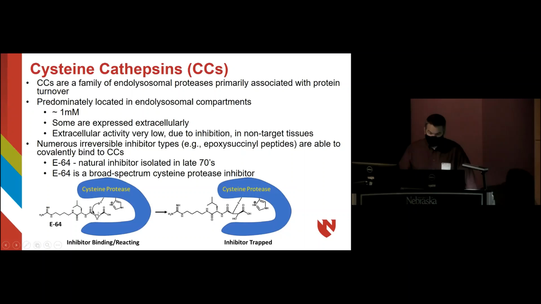And so what happens is this E64 is able to bind to this binding pocket, and then the catalytic cysteine or thiol is able to open up that ring and form a carbon-sulfur bond. And once that happens, that's a permanent bond, and it's not going to become undone, so it's irreversible. So you essentially form what's called an adduct. The inhibitor binds irreversibly to the cysteine protease.